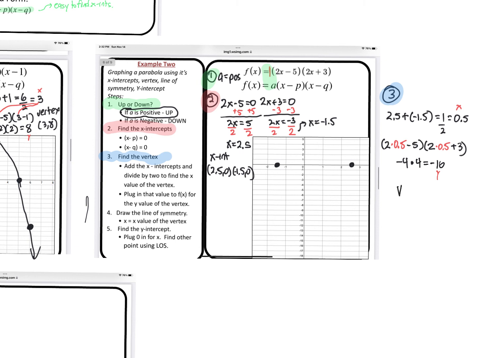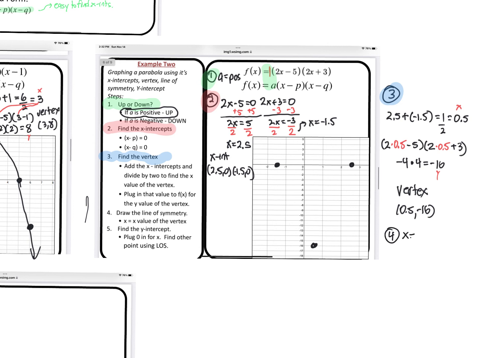And so my vertex is going to be 0.5, comma, negative 16. And so I go right here, and you can see, looking pretty good. I know that the parabola is facing up, and so it looks like it's going to be facing up, so I just need to finish things off. So my fourth step is going to be, I'm sorry, draw the line of symmetry. And drawing the line of symmetry is easy.